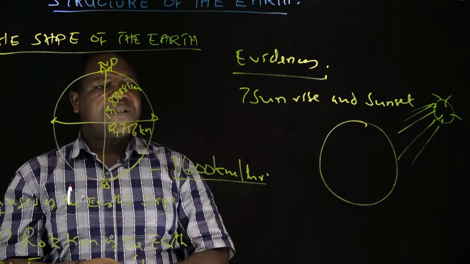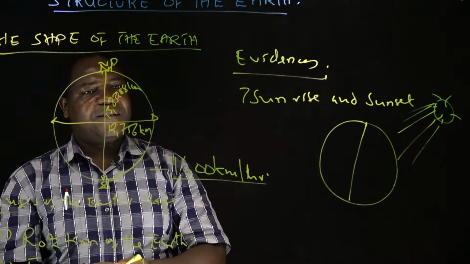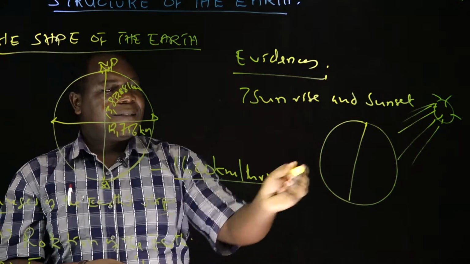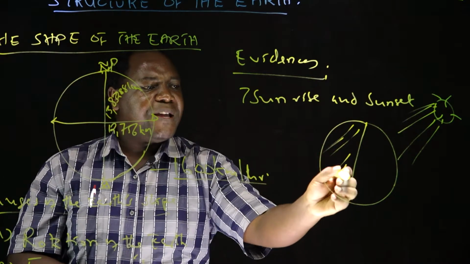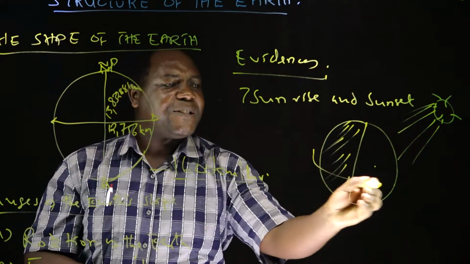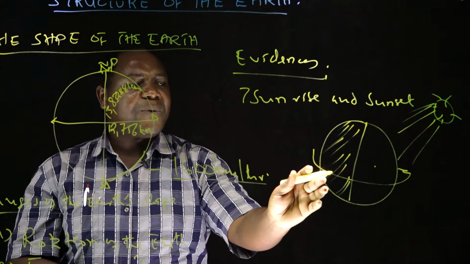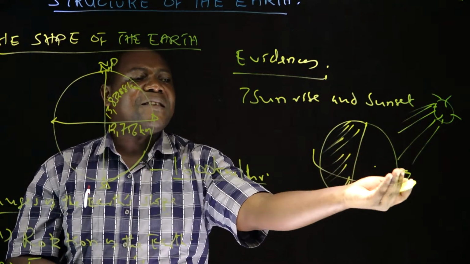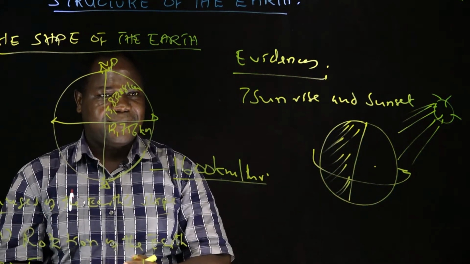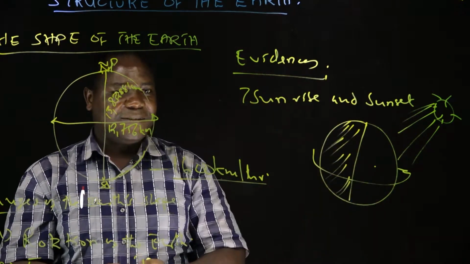The earth which is spherical, only half of it will be illuminated at the same time. But this part will remain in darkness, this will be in daylight. But as the earth rotates, it means it's one at a time. This area moves towards the light and this comes back to darkness. And this is what makes the day and night.